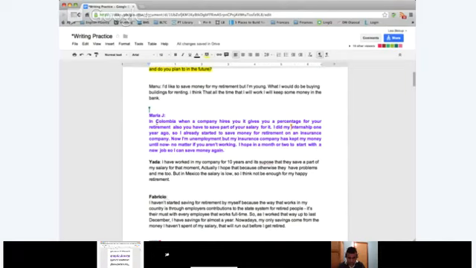Okay, good. So in Colombia, when a company hires you, it gives you a percentage, I would say, of your wages for your retirement period. You also have to save part of your salary for it.